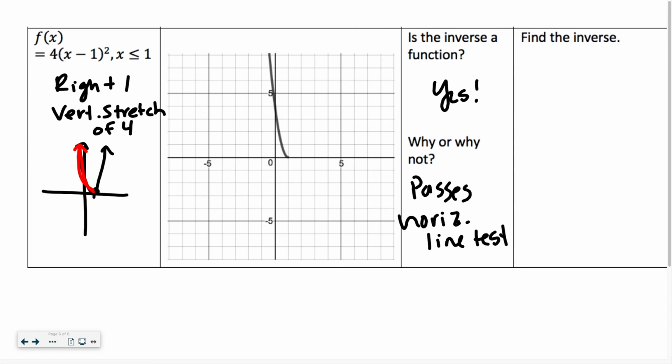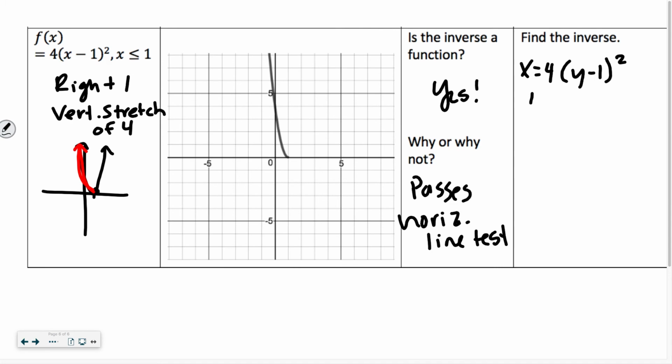Okay, find the inverse. x equals 4 times x minus 1 quantity squared. I can ignore the x less than or equal to 1. That doesn't have anything to do with finding the inverse. Oh, sorry, I forgot to change the x to a y, didn't I? So that's y minus 1 quantity squared.